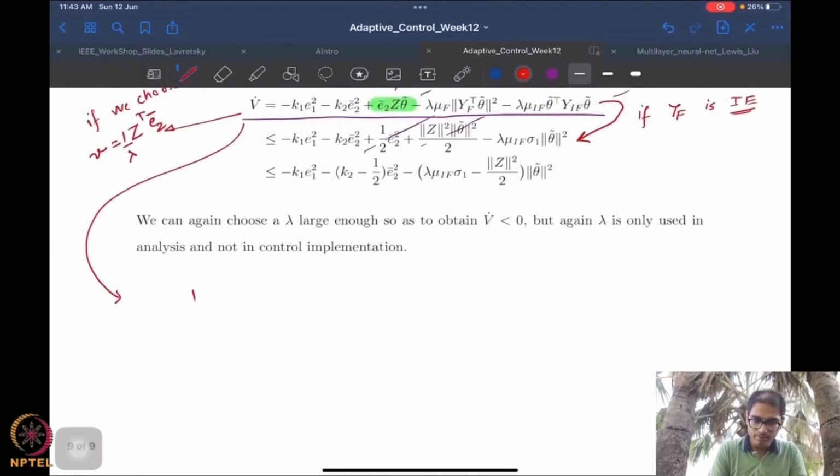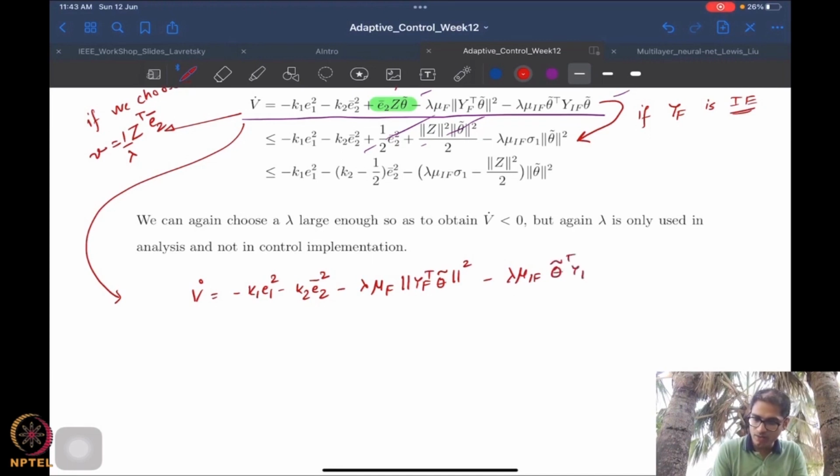My V dot with this new adaptive law becomes minus A1 E1 squared minus K2 E2 bar squared minus lambda mu f Yf transpose theta tilde squared minus lambda mu if theta tilde transpose Yif theta tilde. All right, so there is no more mixed term here. So this is already less than or equal to 0.